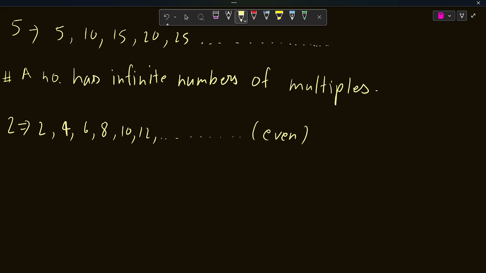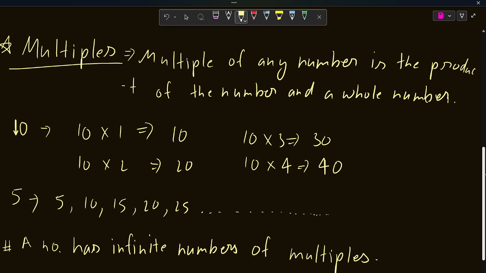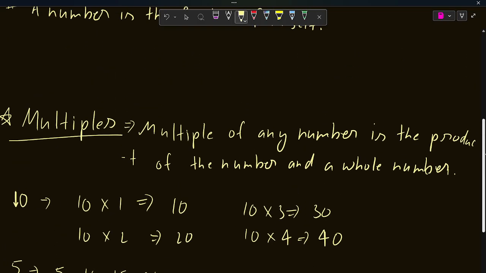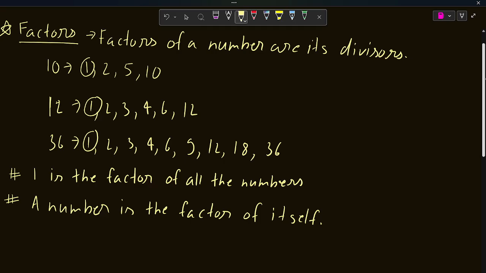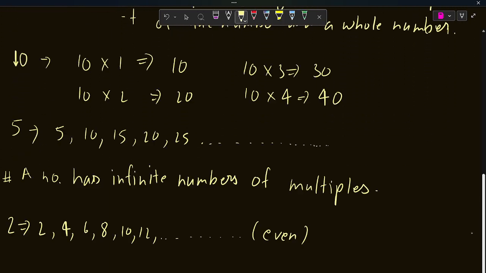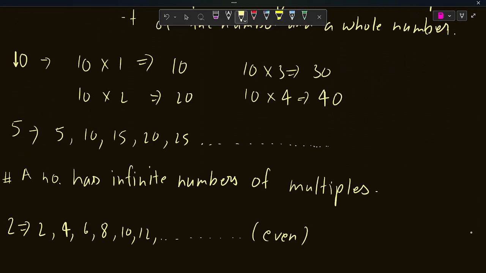Now we have understood that every number is a factor of itself. Okay, this has been discussed. In the same way, if you look at the multiples of 5, multiples of 2 and multiples of 10, 10 is a multiple of 10, 5 is a multiple of 5.